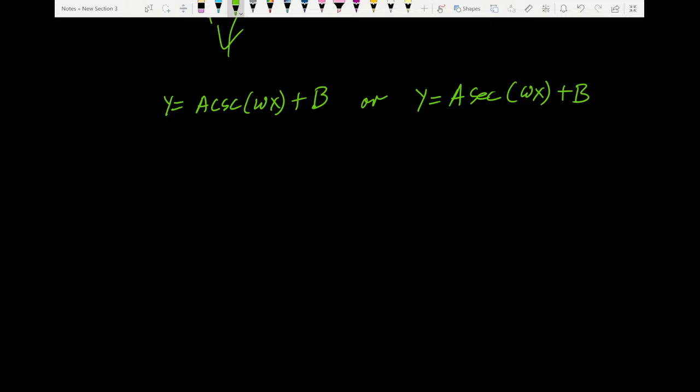Graphing these, well, if I give you this type of graph right away, these are very difficult to graph. But we can graph these if I give you y equals a sine of omega x plus b, or y equals a cosine of omega x plus b. We could graph those.